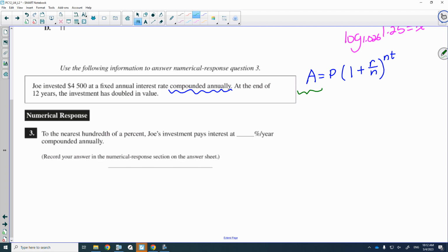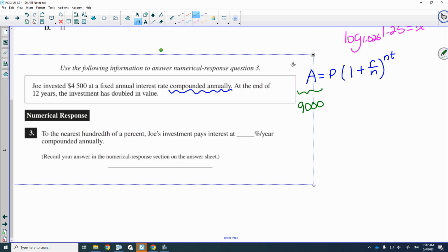Jackson, do you know what it would be? A, what's the final amount? Yeah, 4,500 is the initial. 9,000. Okay, doubling would be 9,000 because it says the investment has doubled.